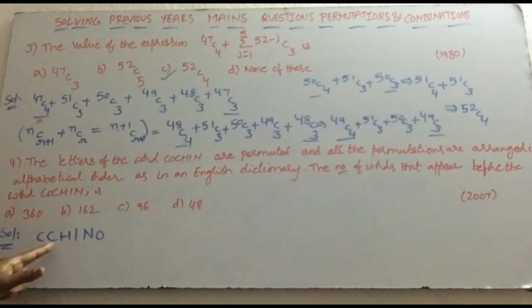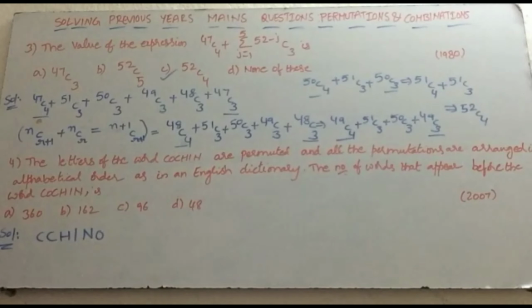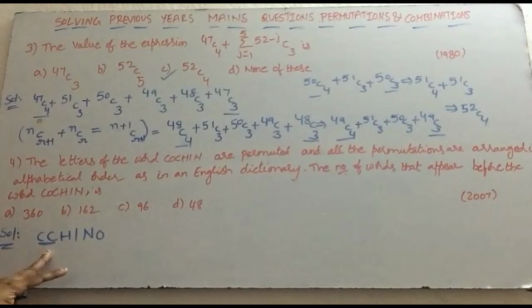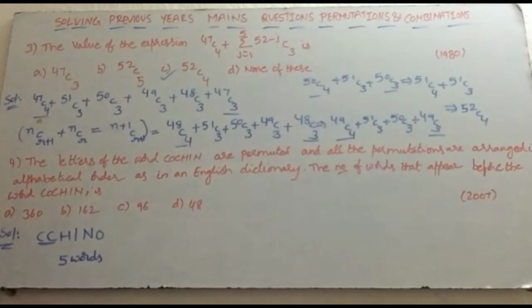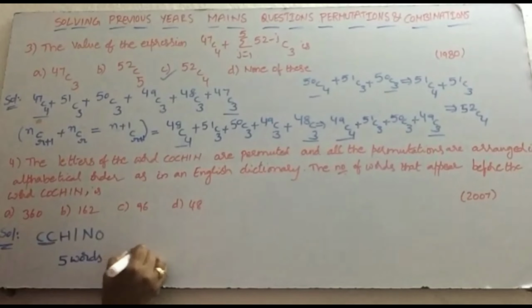So starting from C, here the first place is C. If the first place is C, the remaining are 5 letters. So the number of words starting with C occupying the first place, that is 4 factorial.